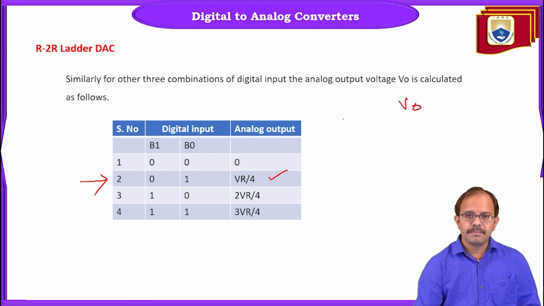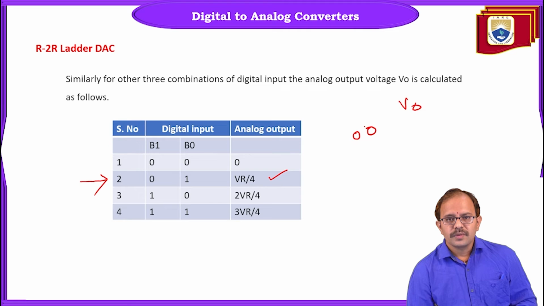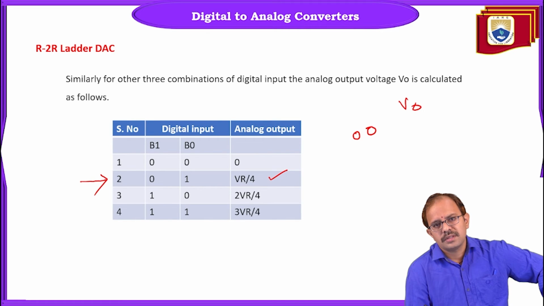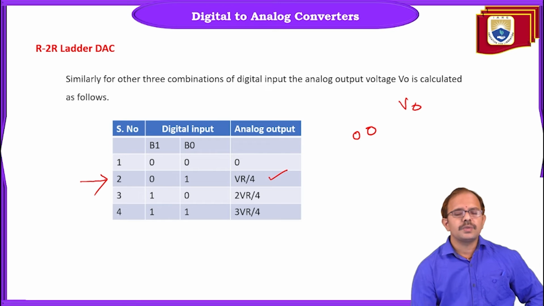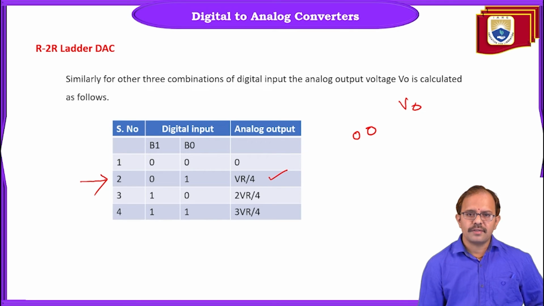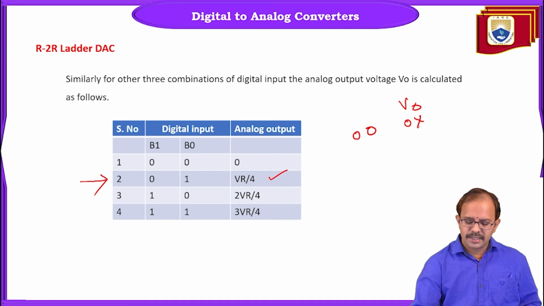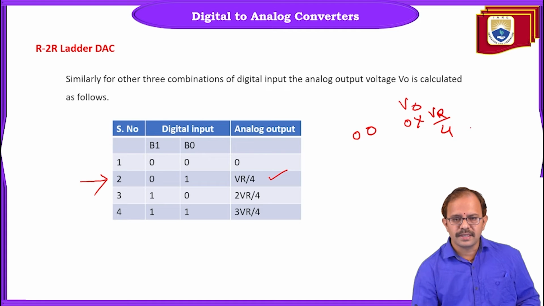So for incoming data 0, that means both LSB and MSB are 0, which means both the digital switches are going to connect to the ground. No switch will be connected to the reference voltage. So here the corresponding voltage will be expressed as 0 into VR by 4 if we generalize it.